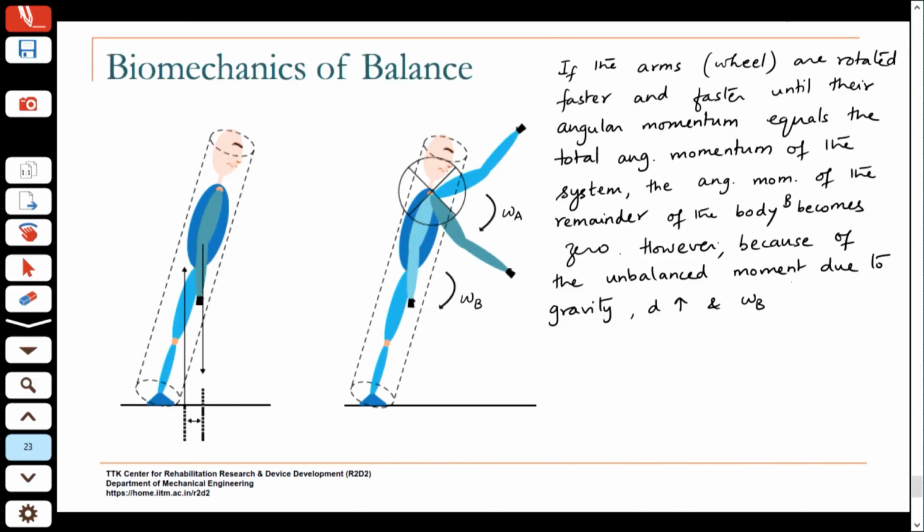So omega b will be instantaneously 0, but you have to prevent it from increasing further. Therefore, the arms must be rotated faster and faster.